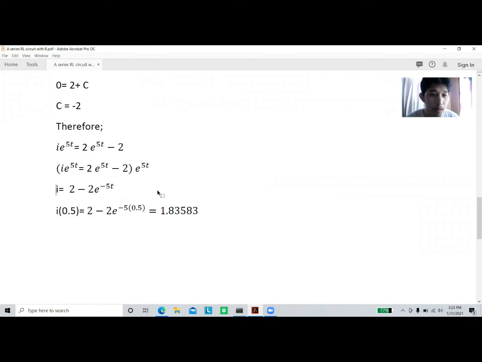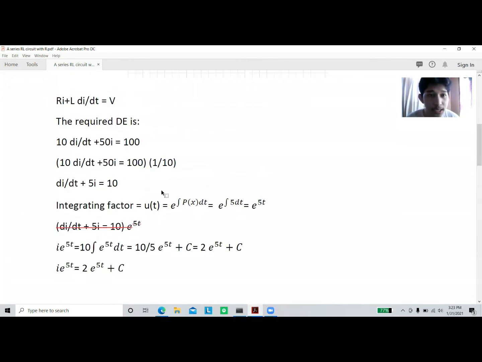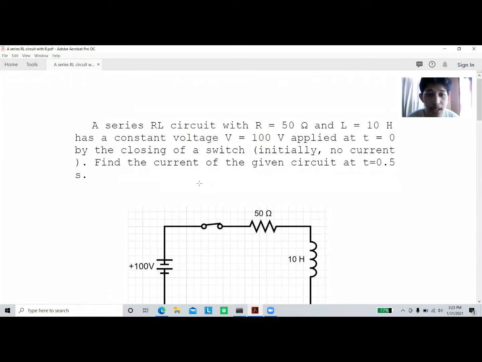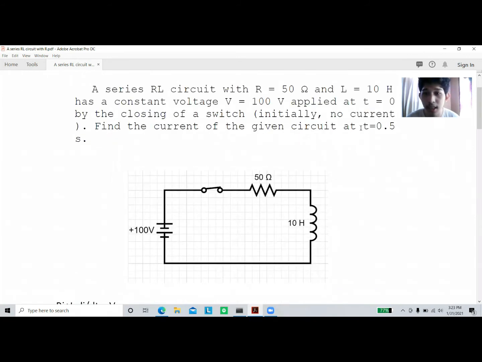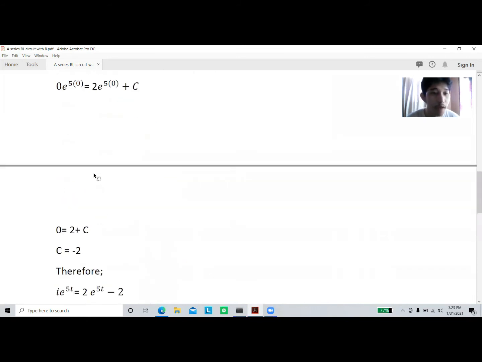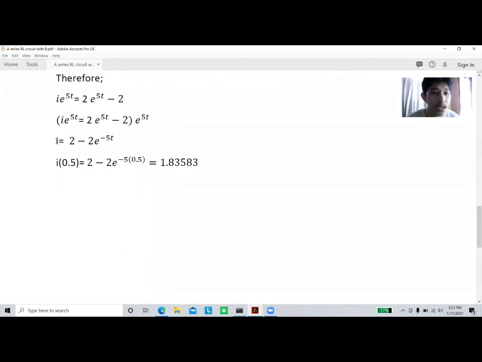What is being asked is to find the current in the circuit at t equal to 0.5. After obtaining the equation for the current, you just substitute the value of t.